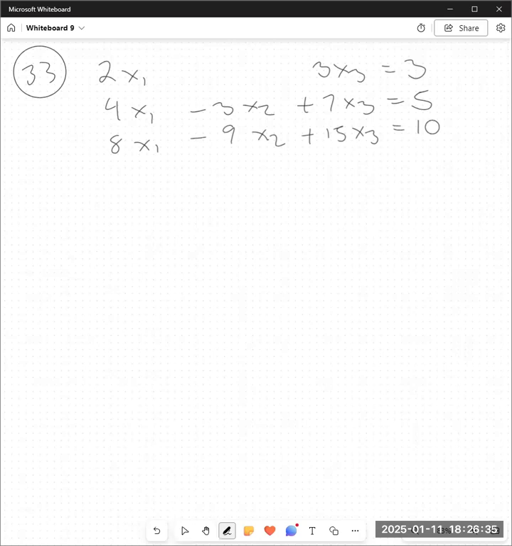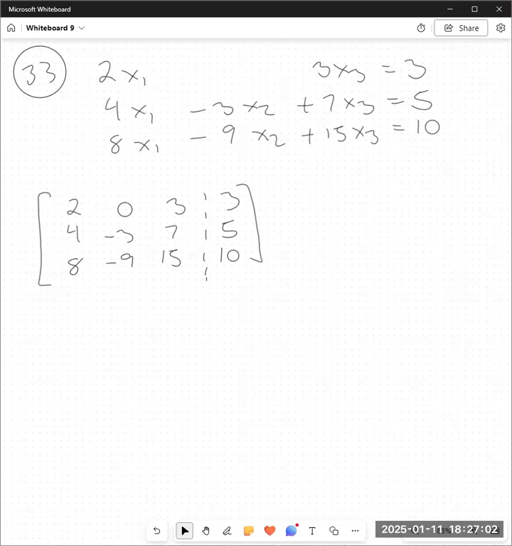I'm again going to write this in matrix form. The first thing that I want to do is use that 2 to get zeros underneath it.